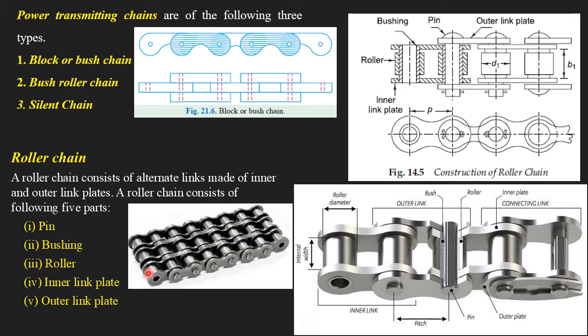Even in bicycles, one strand is used. In numerical problems also, we have to calculate how many strands are present. So strands means 1, 2, 3, similar to the number of belts. That is the concept related to the roller chain.